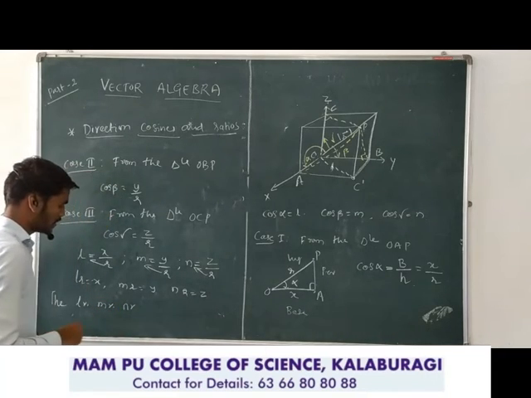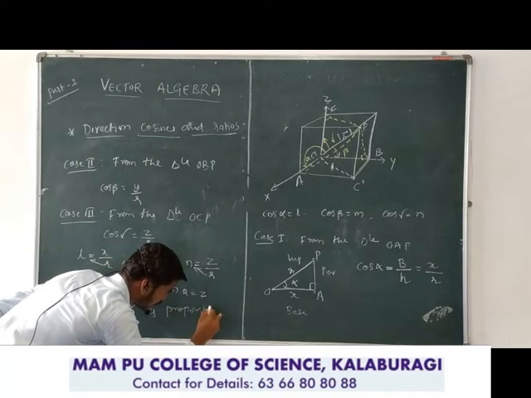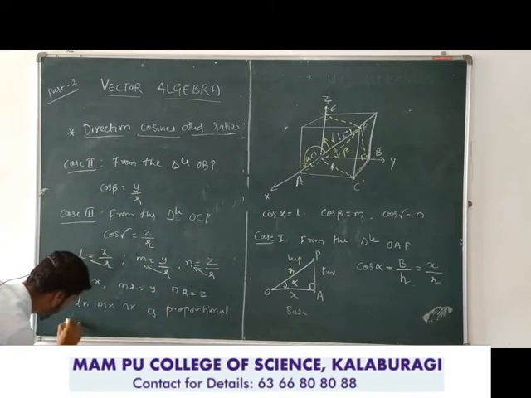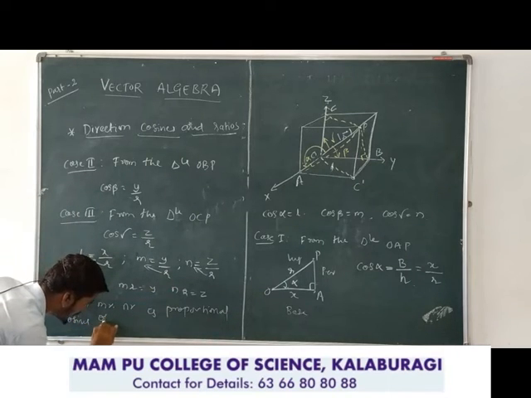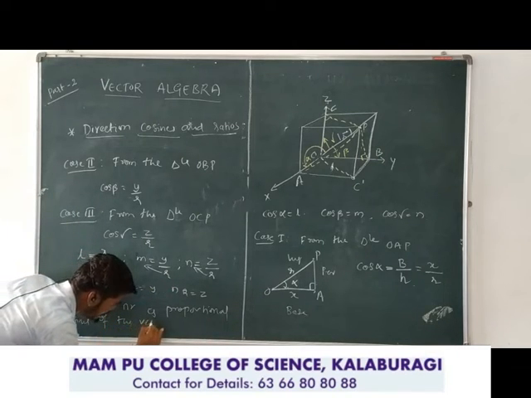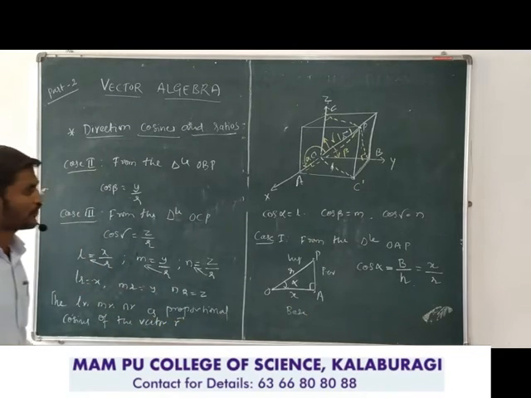These are the proportional cosines of the vector r.